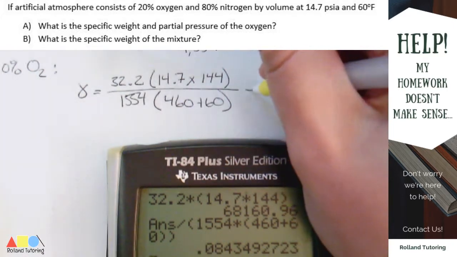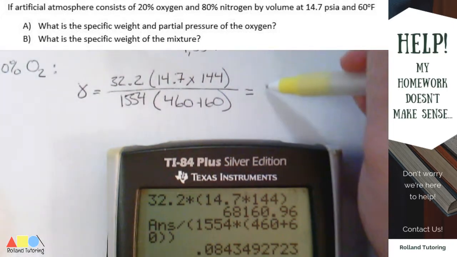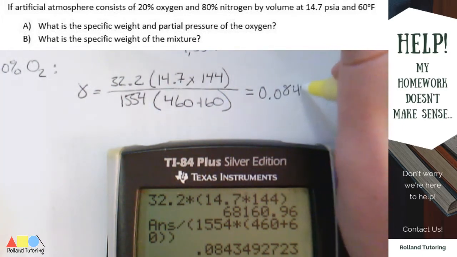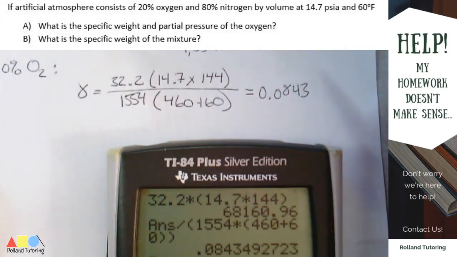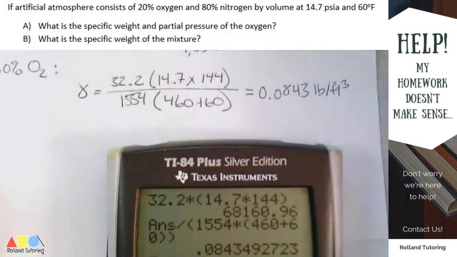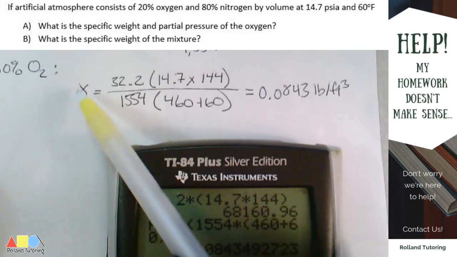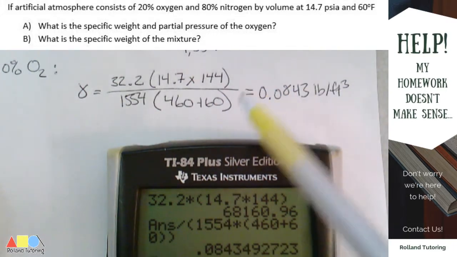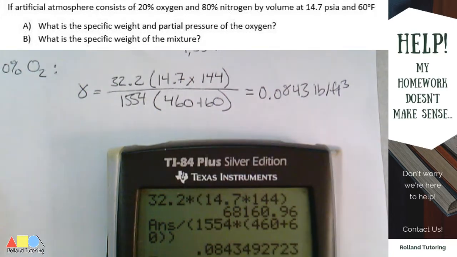So here you should get 0.0843. If we cancel out all of our units, we'll get pounds per foot cubed. If you're getting density, it should be pounds per foot cubed when we're not using SI units.